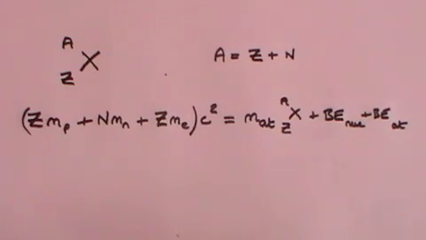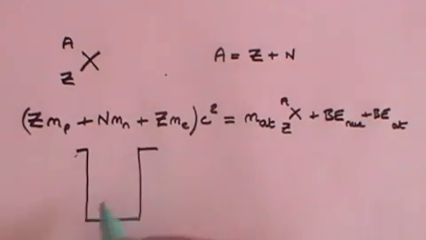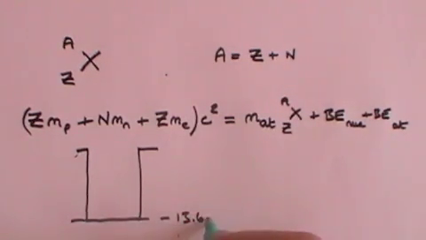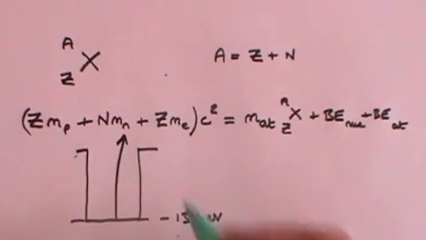A hydrogen atom, for example, the binding energy of a hydrogen atom at its lowest level is minus 13.6 electron volts. In other words, if you've got a hydrogen atom, the electron is bound to that atom, and if you want to get the electron to escape, you have to provide it with more than 13.6 electron volts in order to give it enough energy to escape.